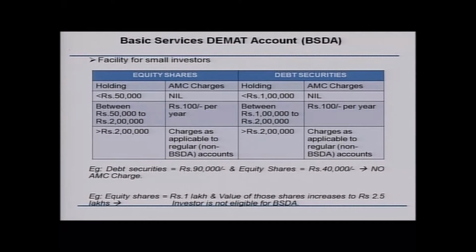For a small investor, the facility is this: if the demat account valuation is less than 50,000, and you have opened the account under the BSDA category, then the DP will not be able to charge an AMC, annual maintenance charges, from the account holder.